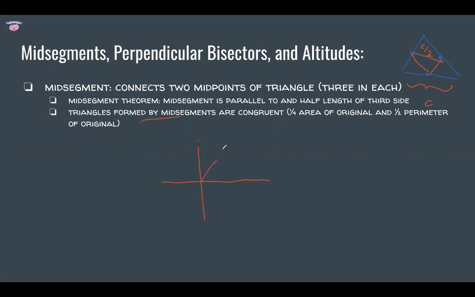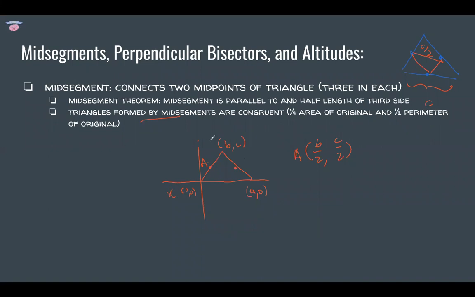So let's say we're given this. This is 0, 0, A, 0, and this is B, C. Mid-segment. So the midpoint of this would be B over 2, C over 2. And that's this point right here.